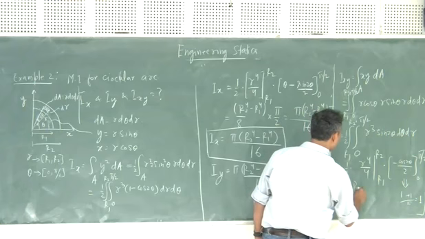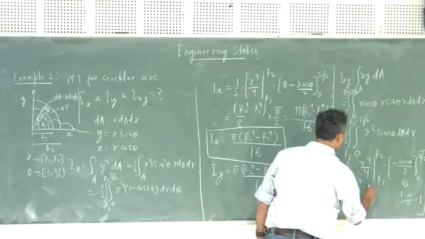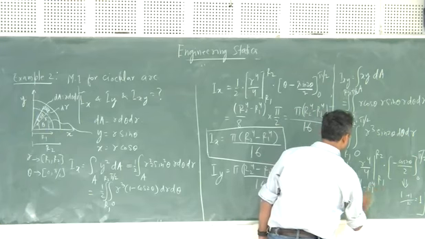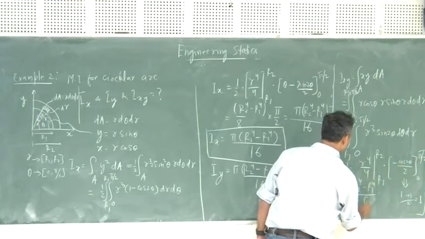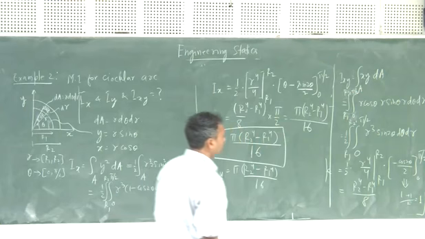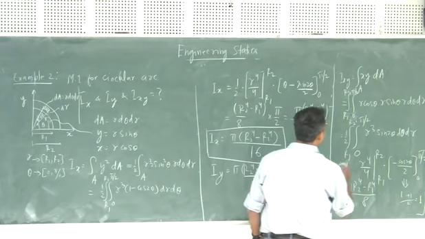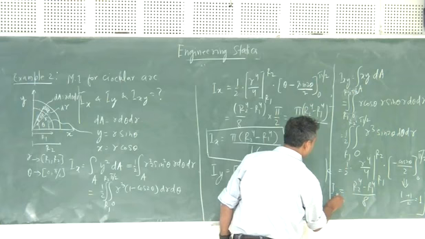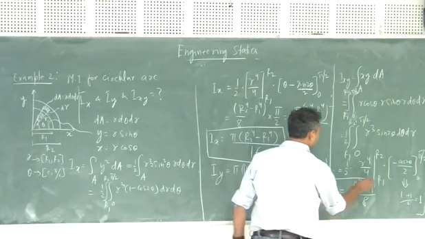And so the product of inertia will be r2 to the 4 minus r1 to the 4, divided by 8, so your Ixy in this case.